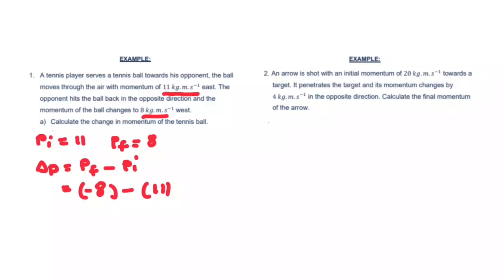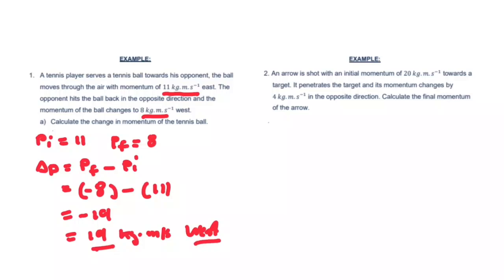So what is minus 8 minus 11? That is minus 19, right? So this is just 19 kg meters per second to the west, right? So this is our final answer. We have the magnitude and the direction.